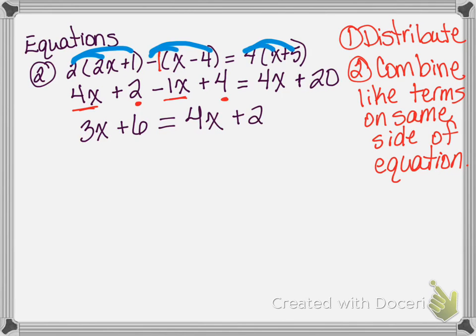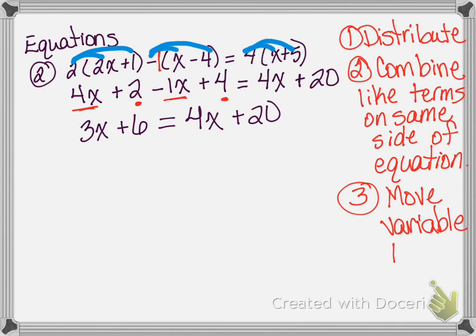Now, I have variables on both sides of my equation, so my advice is to get in the habit of moving the variable to the left. And we talked about why when we did inequalities. If you end up moving it to the right, you're fine, but I just think it's a good idea to get in that habit of moving the variable to the left.